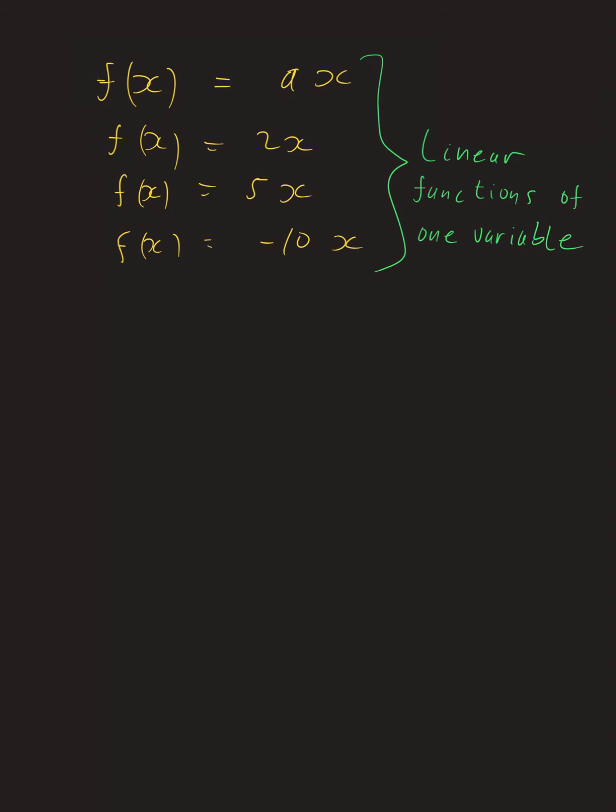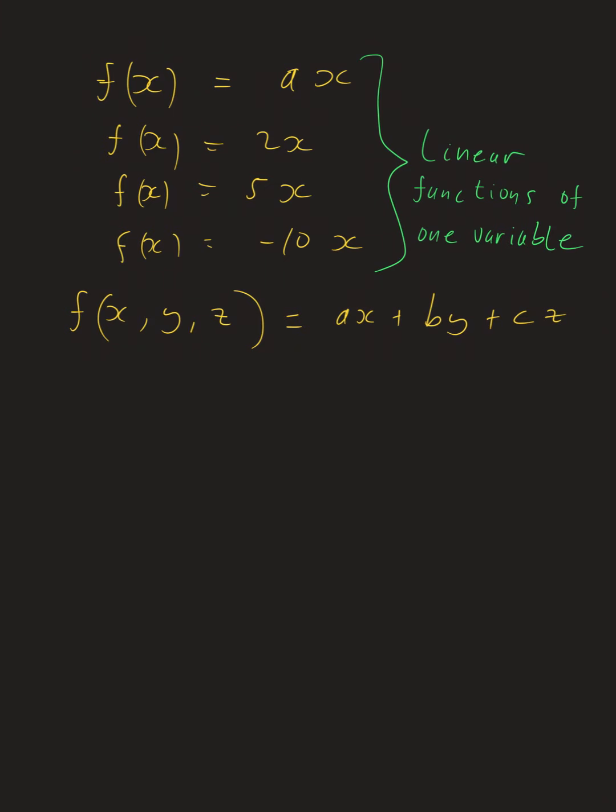So now we can extend this notion to more than one variable. So let's say I have a function of x, y, and z, a function of 3 variables. So you can think of this as something that takes in 3 numbers and spits out 1 number. For this to be linear, it will have to be of this form: a times x plus b times y plus c times z.